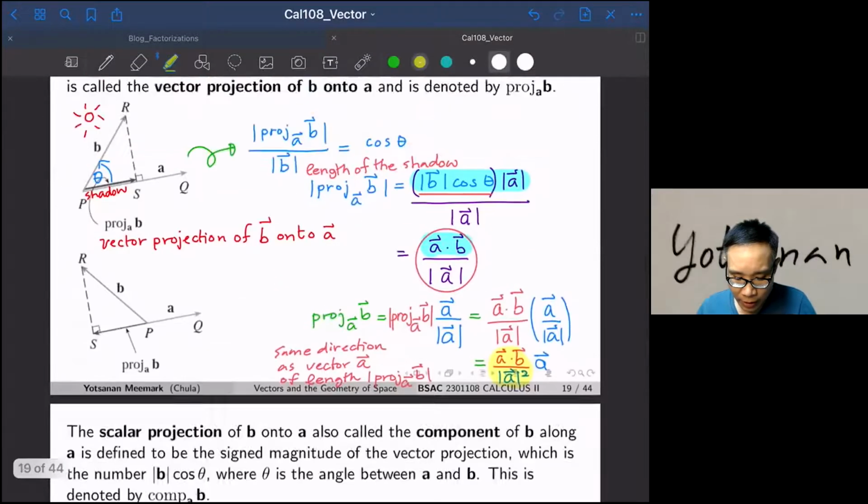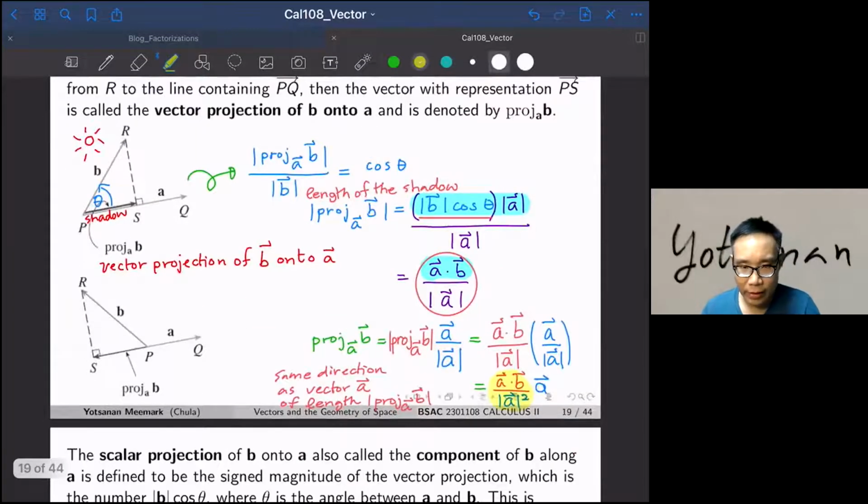The vector projection is given by this formula. You don't need to know how to prove it.